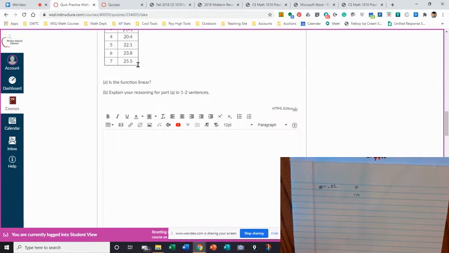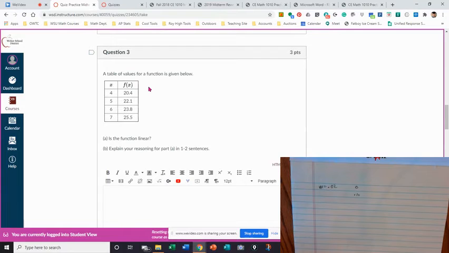Okay, so let's look at this one. The table of values for a function is given below. Is the function linear? Well, all I need to do with linear is look at 4, 5, 6, 7. These are all going up by 1. What are these going up by? 20.4 to 22.1.